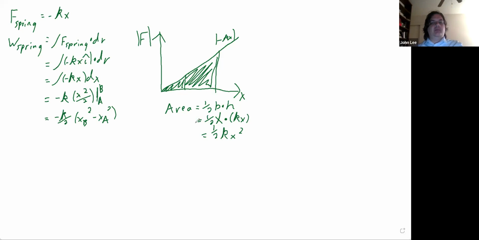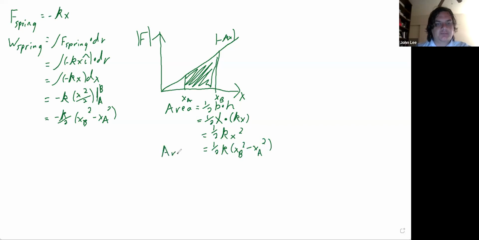If you take away part of the triangle, it's going to be 1/2 kx squared minus the smaller triangle. So 1/2 k (xb squared minus xa squared).